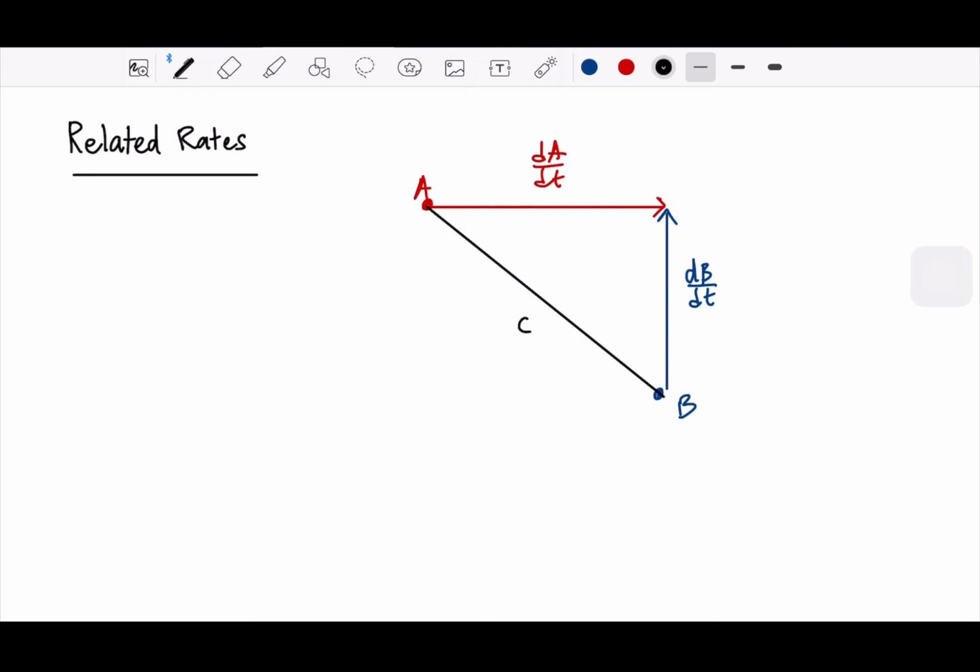So we can formulate this using the triangle formulation, using the hypotenuse. So C is from A and B. So A squared plus B squared is equal to C squared.